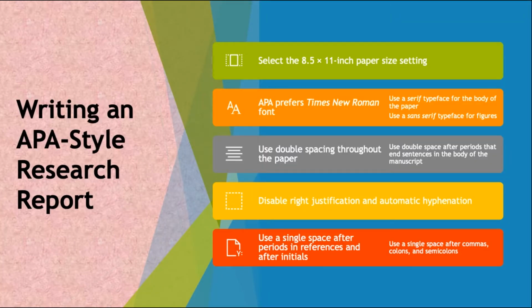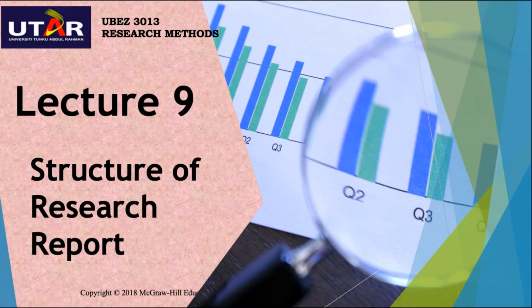Reporting your research result is perhaps the most important step because it is only by this reporting that research and science progress. Other scientists working in the field need to know what you have done, the questions you have asked, the methods you have used to address them, and the answers you have found.